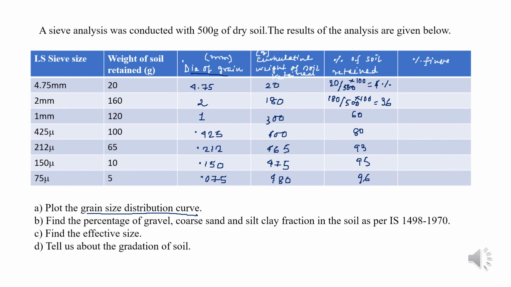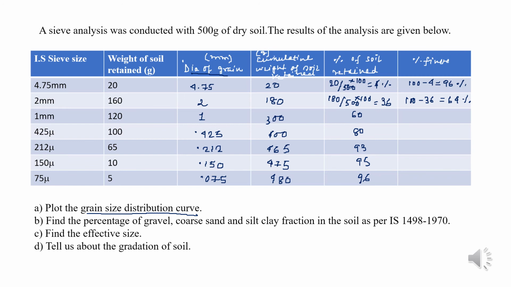That is, we can write 100 minus 4, that is 96% is our percent finer for 4.75 millimeter sieves. Right, similarly 100 minus 36 is equal to 64%, corresponds to percent finer than sieve 2 millimeter.